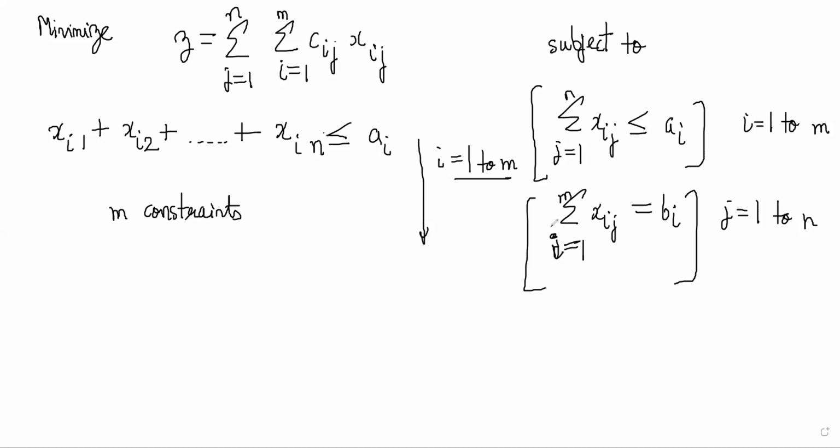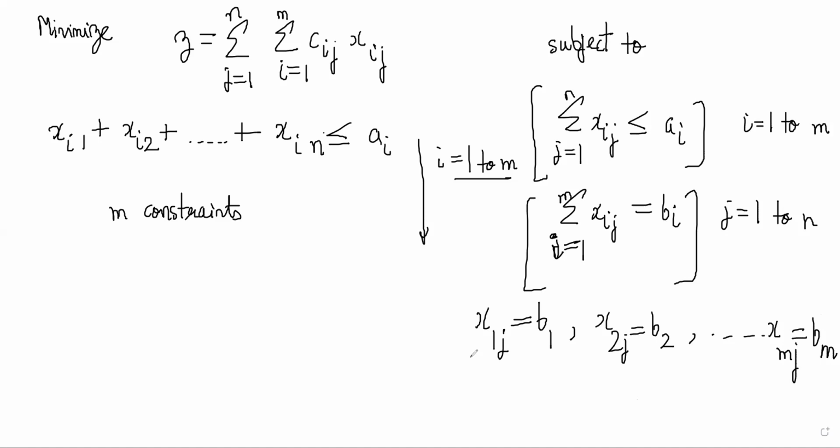And here, if you say it is x1j is equal to b1, so i is 1, and similarly x2j is equal to b2, and so on. There will be m terms here, xmj is equal to bm, right?